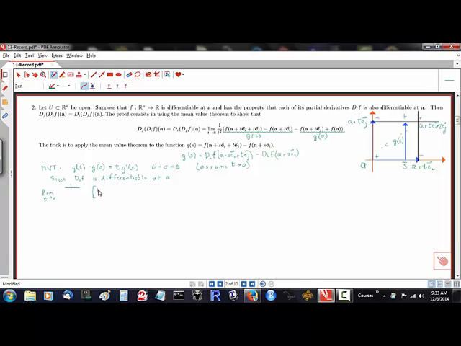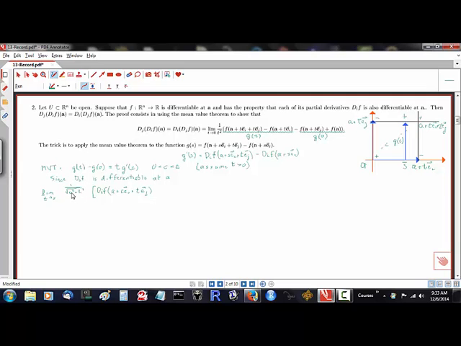We're looking at the function d sub i of f evaluated at a plus c e sub i plus t e sub j. And so our increment involves a c and a t, and the length of that increment is the square root of c squared plus t squared.